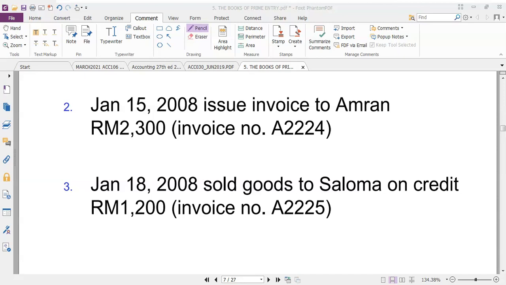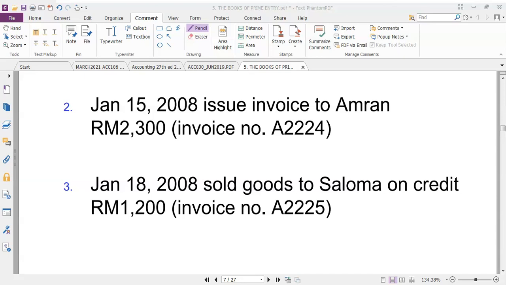Okay, if you notice that you have sales invoice, it means that your company have made a sales, credit sales. So, kalau credit sales bermakna you kena record dia dekat dalam sales journal.